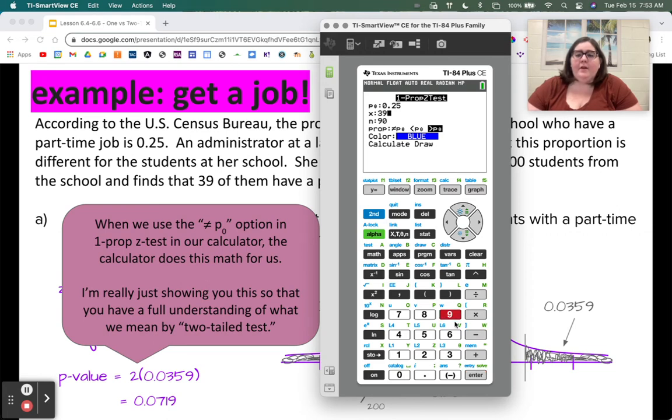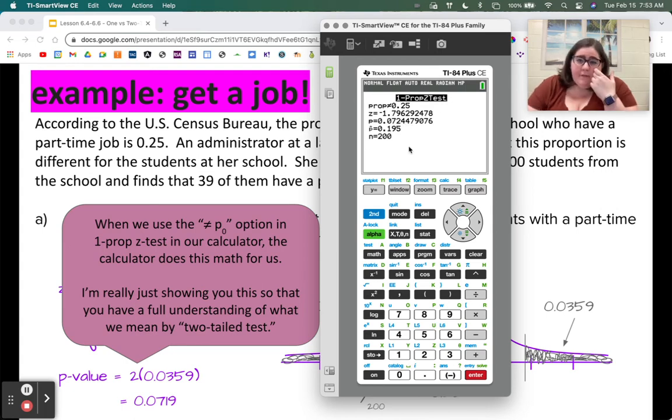In our sample, we had 39 out of 200, and we want to show not equal to. So when we go to calculate, your calculator goes ahead and calculates the correct p-value. So you won't ever have to do anything to that. So they got 0.072. Mine's a little off just because of the rounding, but we get the same value.